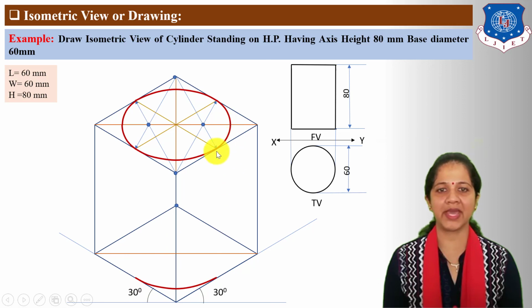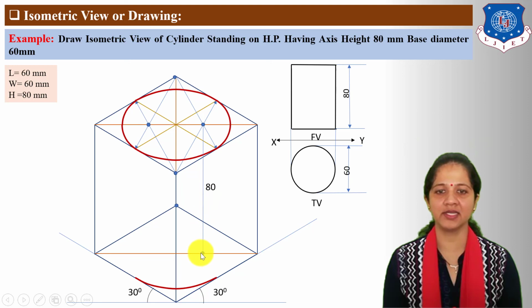Next, for the arc parallel to this one in the bottom face, transfer this center down by 80 mm height, which intersects on this bigger diagonal. Next, take this center and draw an arc tangent to this edge.